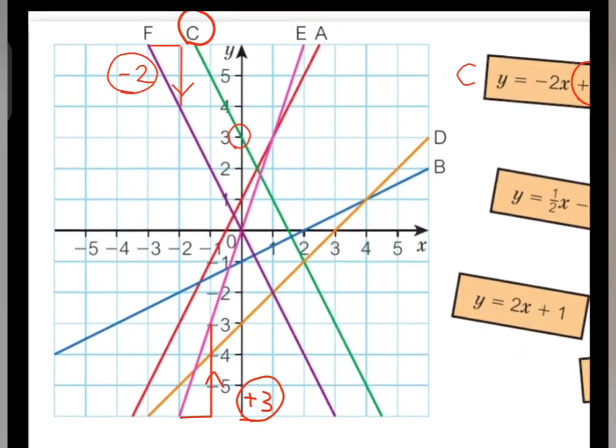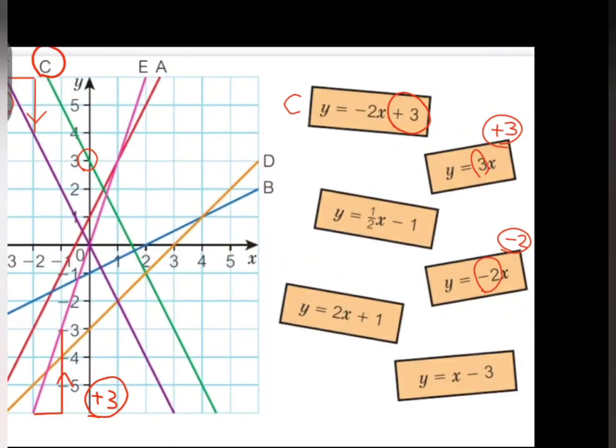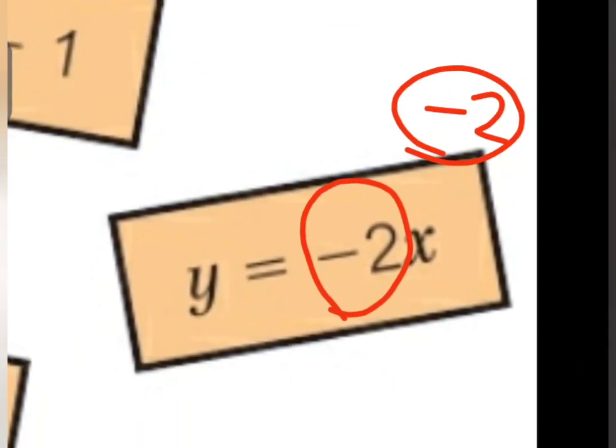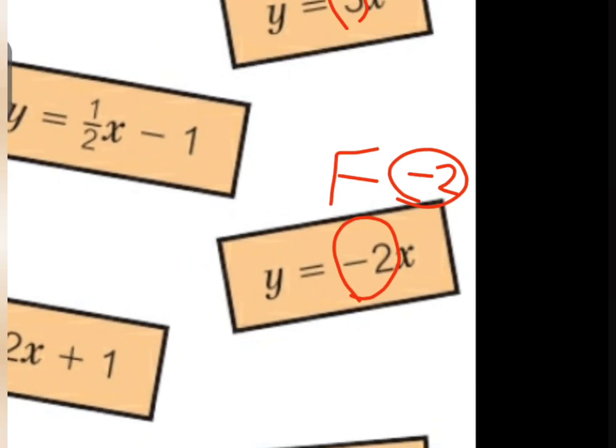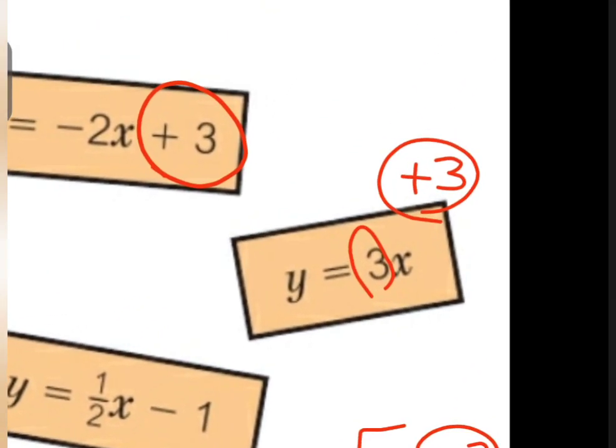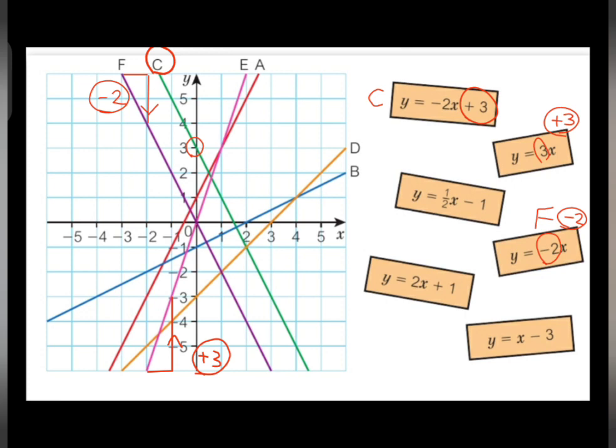Now let's find the gradient negative 2. Very good. This one is the gradient negative 2. It's for F, so we write F next to it. Let's put it here, so it will be visible. Good. And then for the one positive 3, we said it's E, which is here.